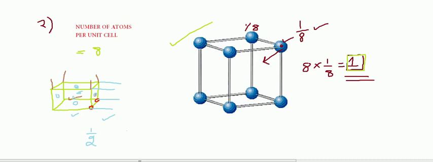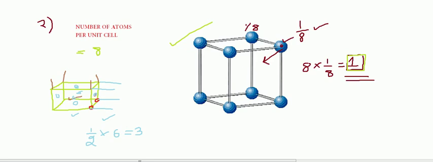And how many atoms do we have? We have a total of 6 atoms. Agreed? So having all these 6 face atoms is equivalent to having only 3 atoms, because each face atom is shared by 2 cubes.